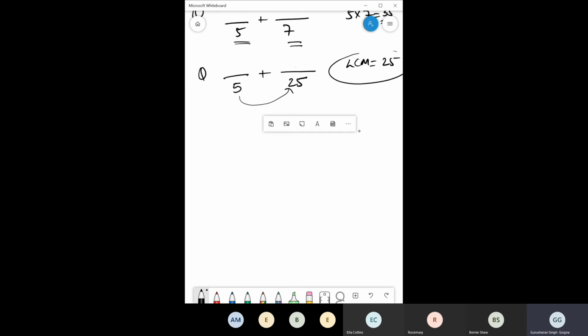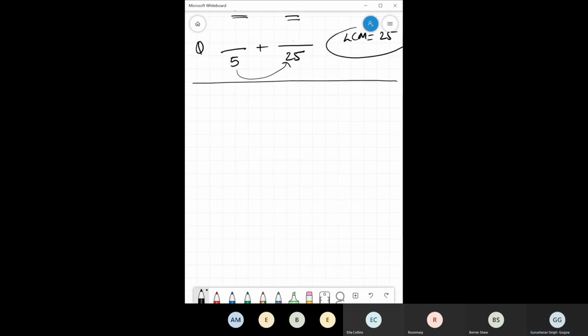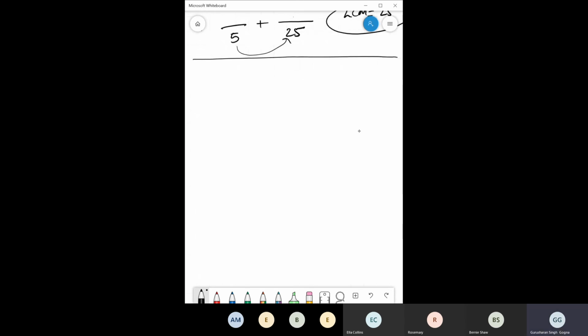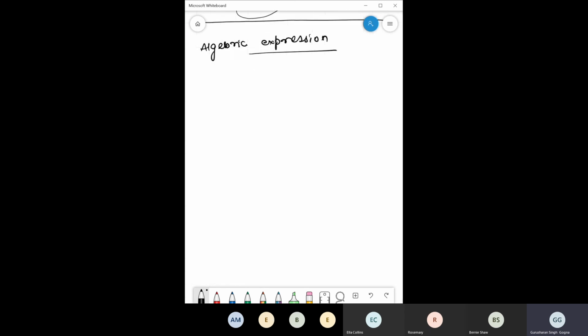Okay. Now next is algebraic expression. So there are multiple algebraic expression. First of all, what do you mean by algebraic expression? So algebraic expression is a combination of mathematical operations.